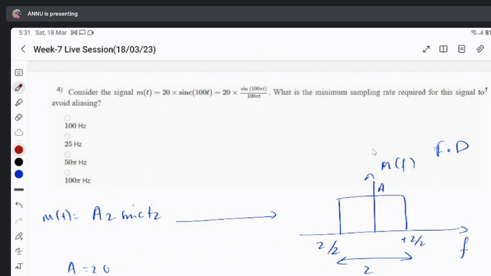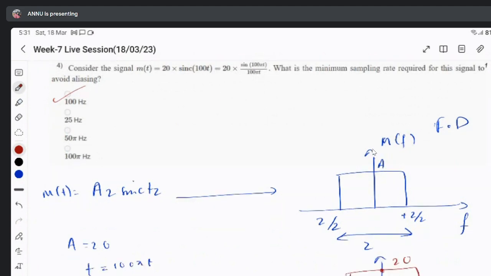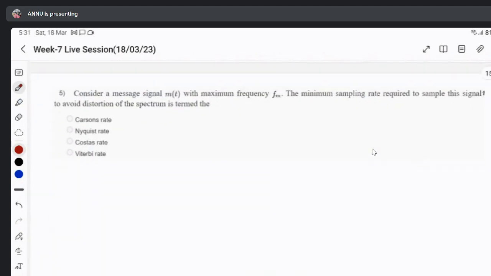Did you get it? Okay. So the answer will be this. You have to remember that pi is not required. You have to see whether pi is there along with sinc in the time domain. If it is there, then the pi term should also come in the frequency domain. So you have to see.